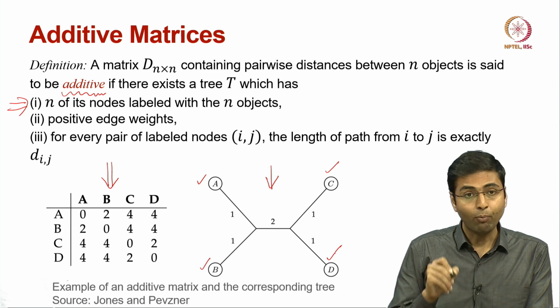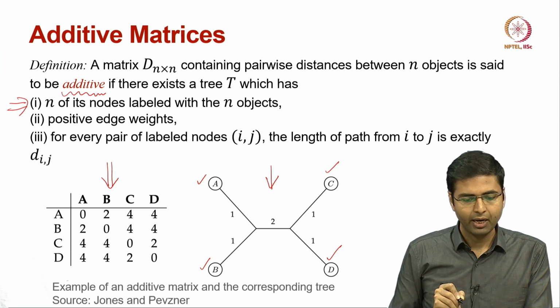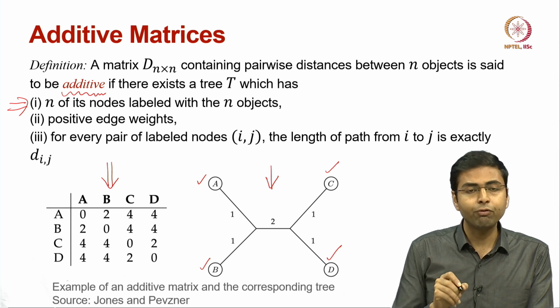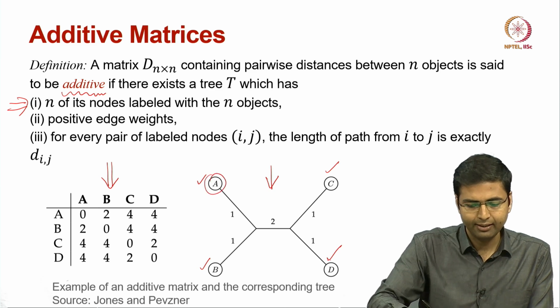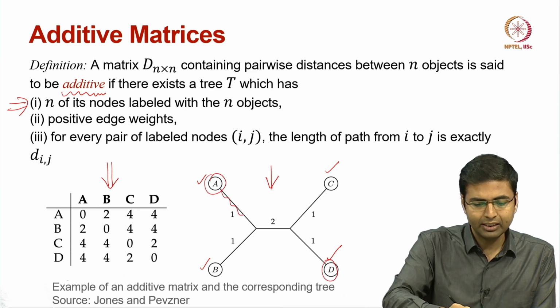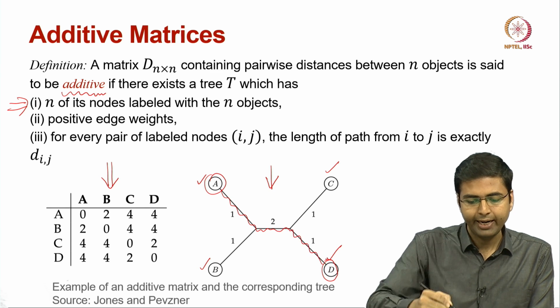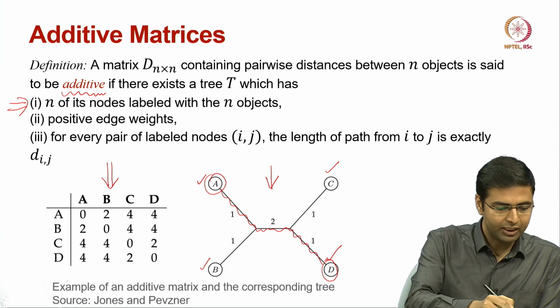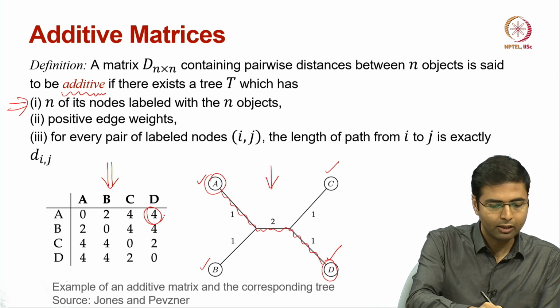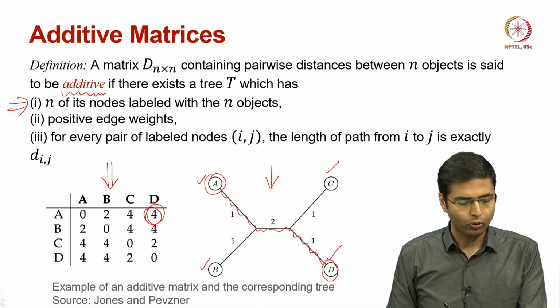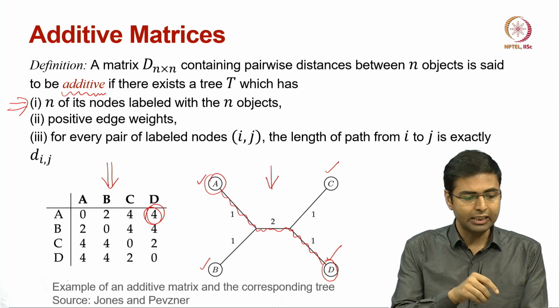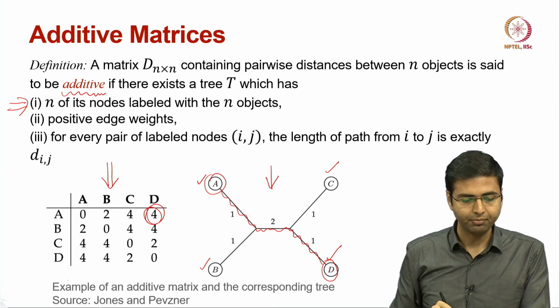It has positive edge weights, and if you consider every pair of labeled nodes i, j, let us say we consider A and D, then the distance between A and D is 4, which is consistent with the matrix D. So in this case we can say that this particular matrix is additive.